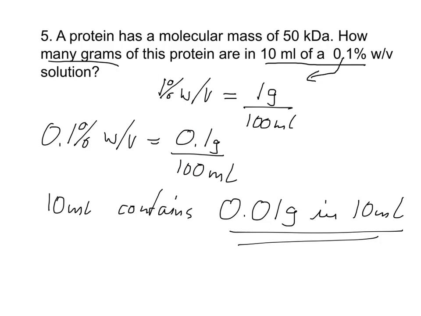Please note that in this calculation, these 50 kilodalton did not really go into the calculation. It was sort of a red herring to see whether you notice that we don't need this in this case.